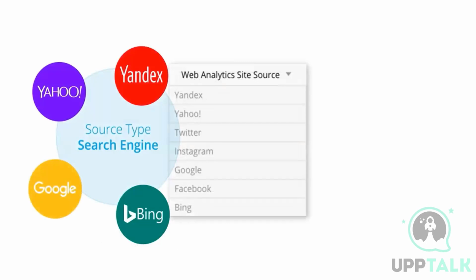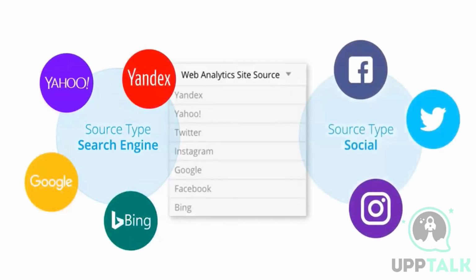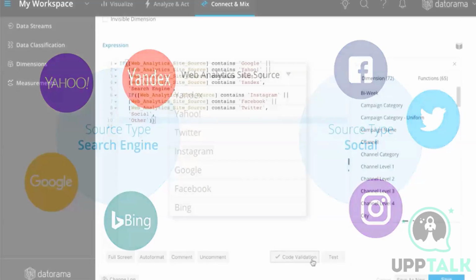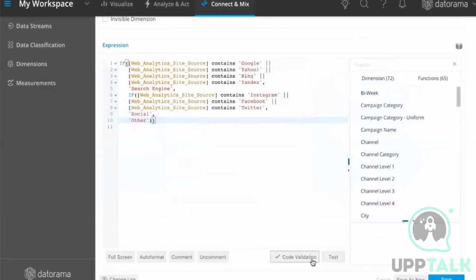So we have the search engine and we have the social types over here as well. What we want is Yandex, Yahoo, Google, Bing to be part of the type search engine, and then Facebook, Instagram, and Twitter to be part of the social type. So what do you do? Again, pretty simple.